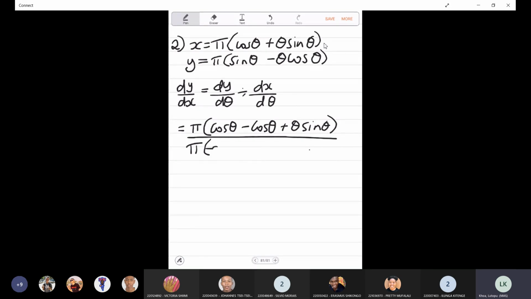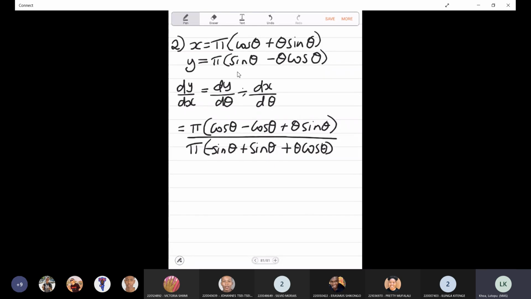This is minus sine theta, and then we have sine theta. And the derivative of sine theta is cos theta, then plus theta cos theta.